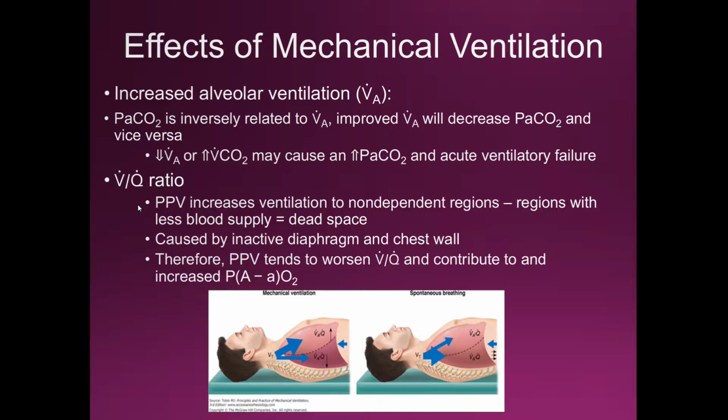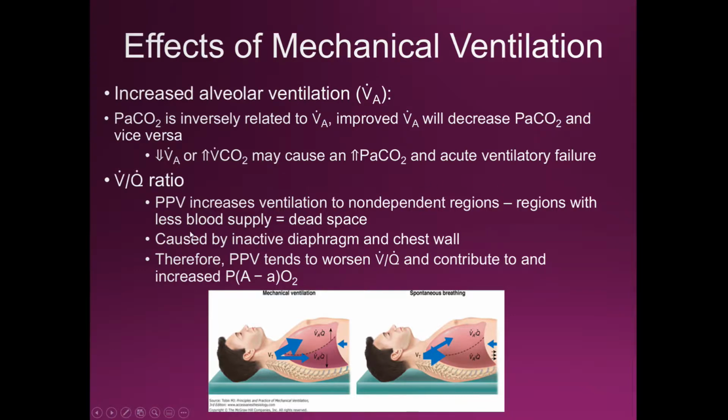Sometimes positive pressure ventilation can increase ventilation in non-dependent regions that may not need it because they might have low blood supply. Positive pressure ventilation is an equal opportunity player, so it will spread the pressure wherever it wants to go.